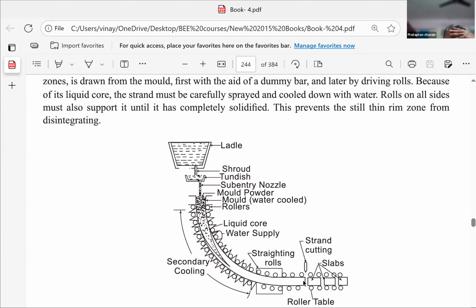What this is trying to show is that the casting method should be continuous. It can be continued till the temperature of the molten metal in the ladle remains at a pourable temperature. Because after a certain temperature drop, the metal will not move, it solidifies.